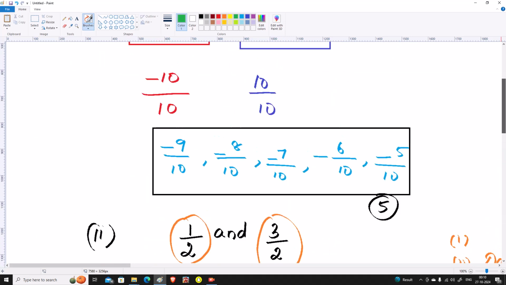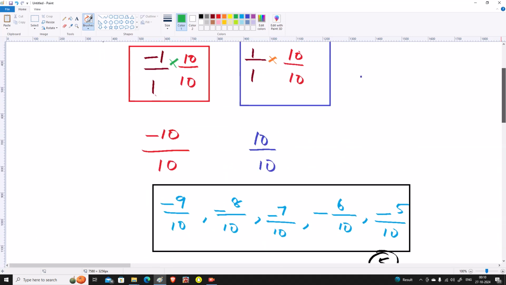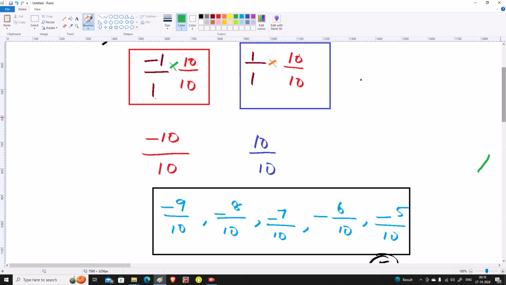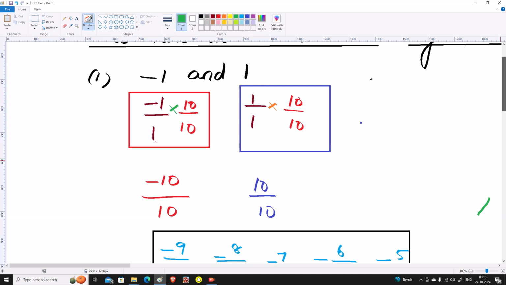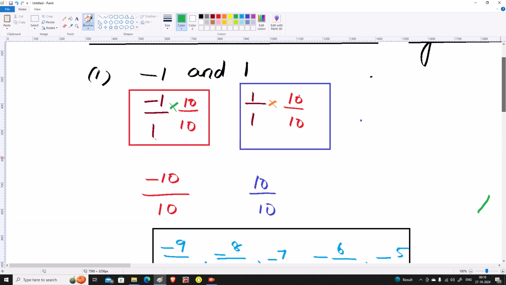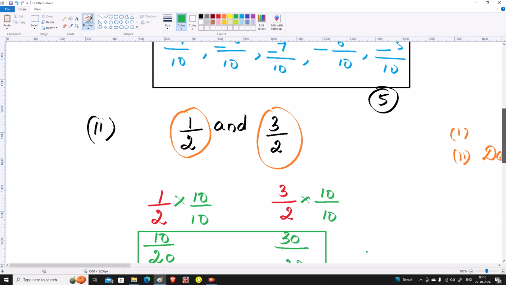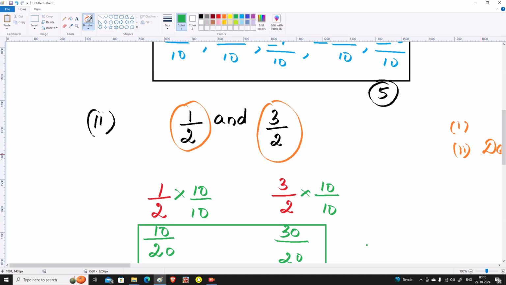I think everybody understood how to find rational numbers between any two numbers. If it is integers, you just multiply the numerator and the denominator by 10. Why, ma'am, 10? Sometimes you can multiply by 2 by 2, 3 by 3, 4 by 4, any number, but 10 is comfortable.